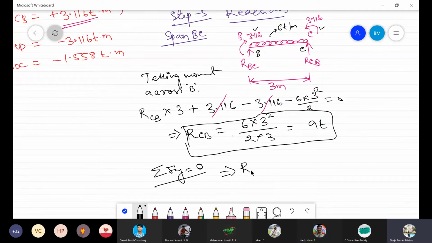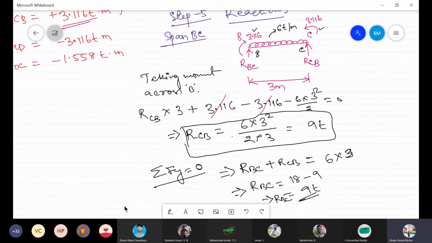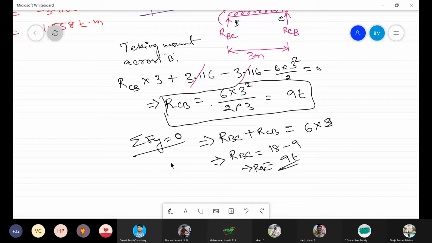This implies RBC plus RCB equals W into 6 into 3, the total load. So RBC equals 18 minus 9, so it is 9 tons. This implies RBC equals 9 tons.